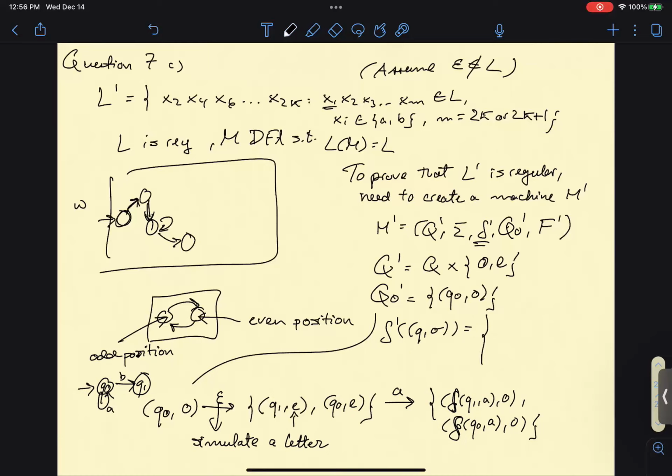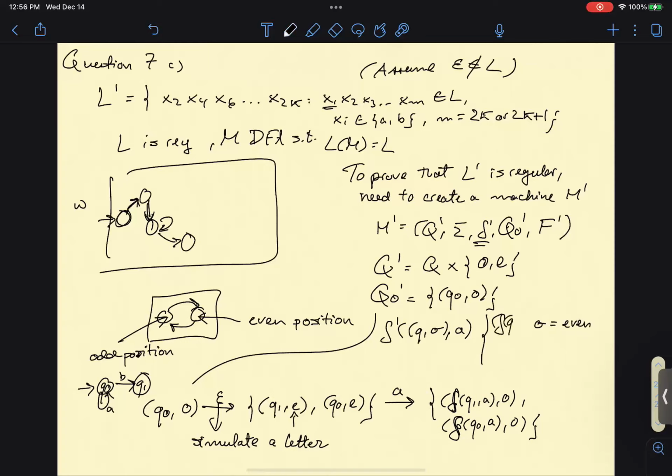So if sigma is equal to even, then I use an actual, oh, whoops, I have to actually read a letter. Let's call it A. So if sigma is even, I'm in an even state, then I actually want to consume the letter that I'm reading. So then do I have enough space?